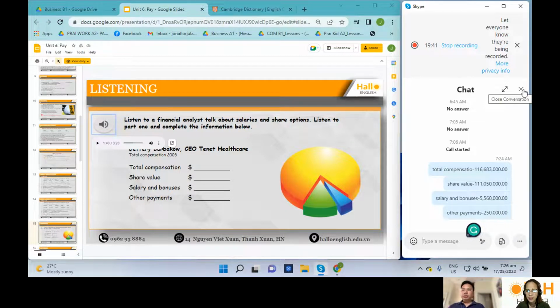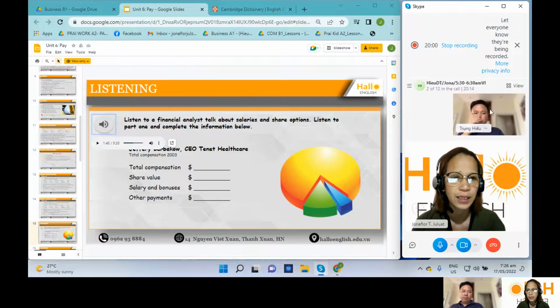Yeah, so the total compensation is $116,683,000. Share value $111,050,000. For salary and bonuses is $5,560,000, and for other payments is 250,000.